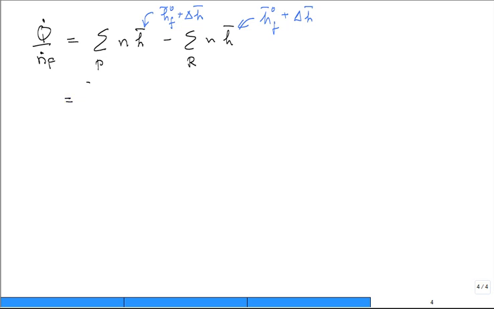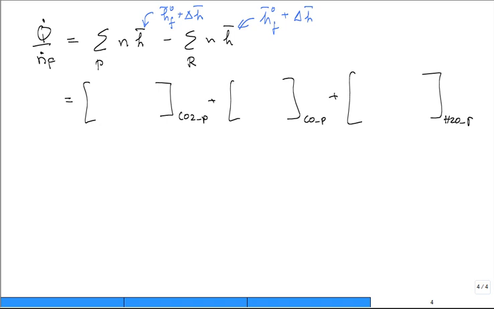Now I'm going to do it for each species. We have carbon dioxide in the products, carbon monoxide in the products, H2O in the products, H2 in the products, N2 in the products.